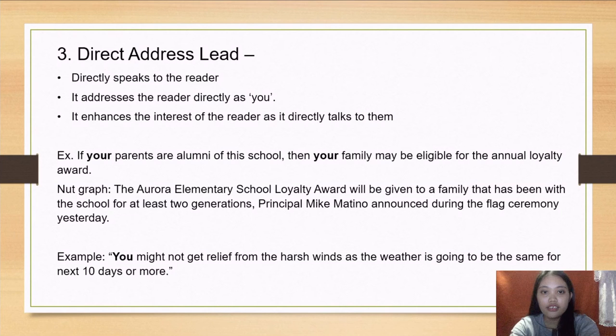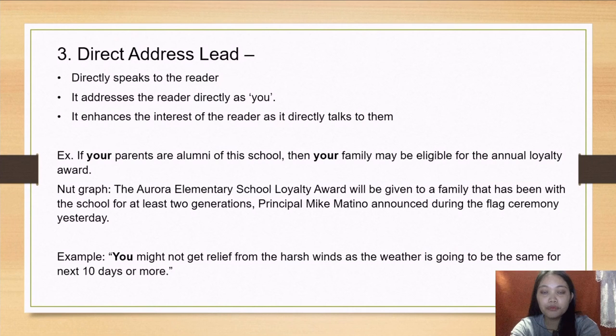Because there is the word "you," the "your." So if we are going to identify what lead that is, we should always remember that if the statement uses the second person point of view, the word "you," then that is a direct address lead.